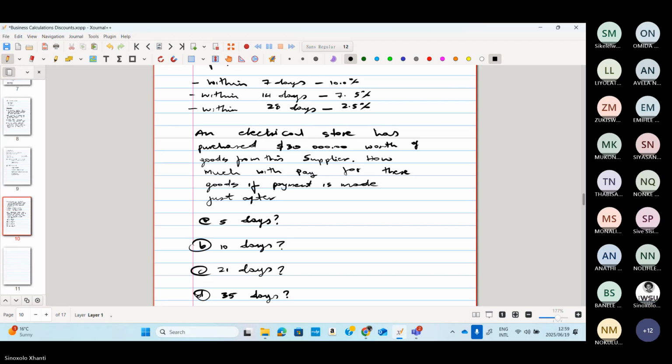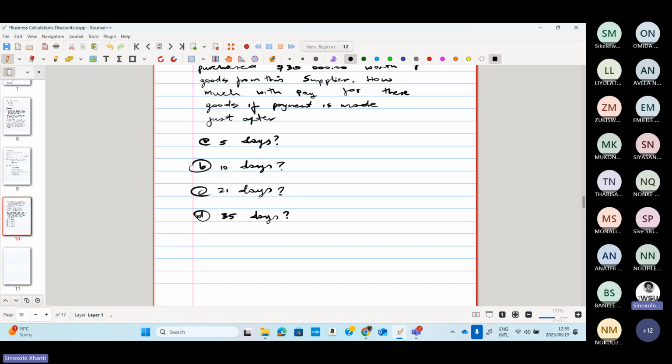If we did not have this discount, this electrical store is supposed to pay this 30,000 for these items that they bought, which means the original price, or L, is going to be $30,000.00, because that's what the statement is saying.